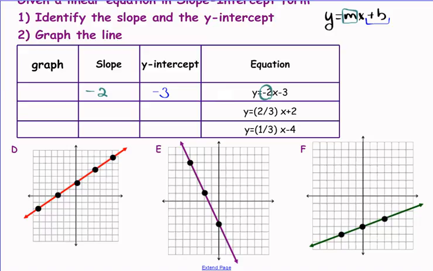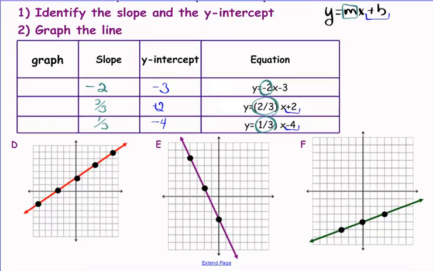Our slope in the second equation is positive 2/3. Our y-intercept is positive 2. All right, last equation, our slope is 1/3, and our y-intercept is negative 4.